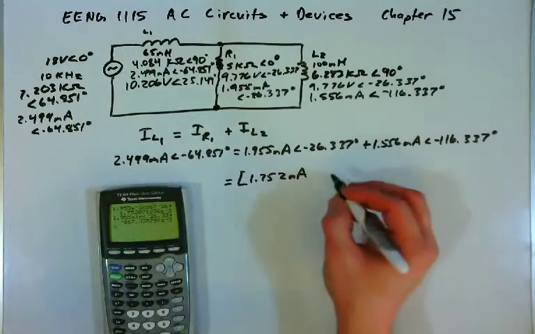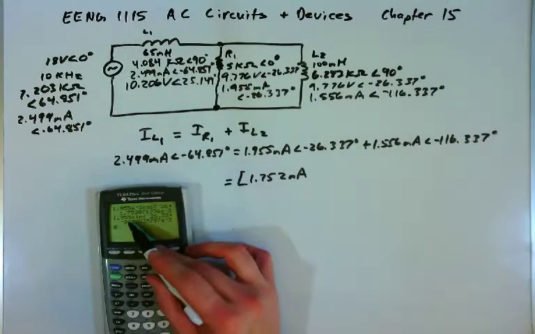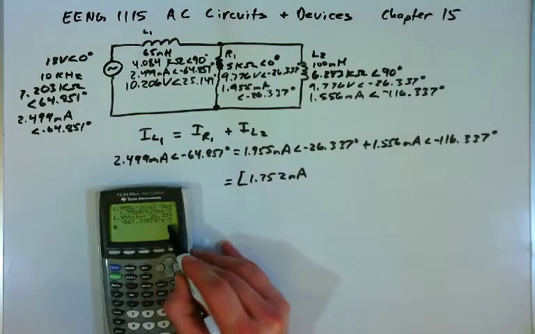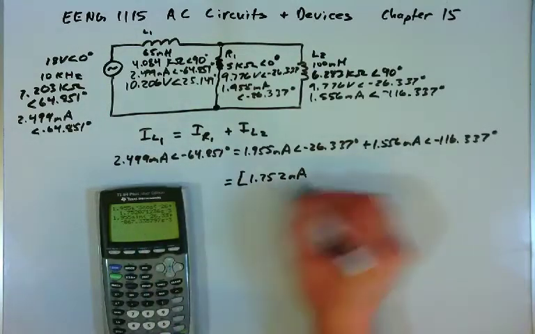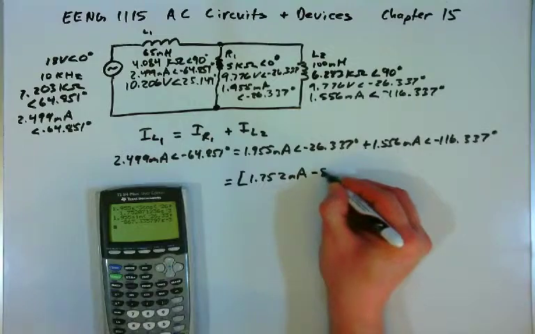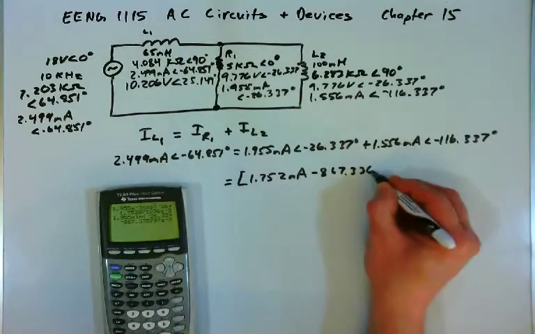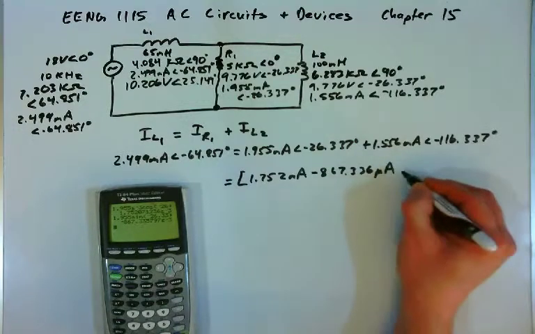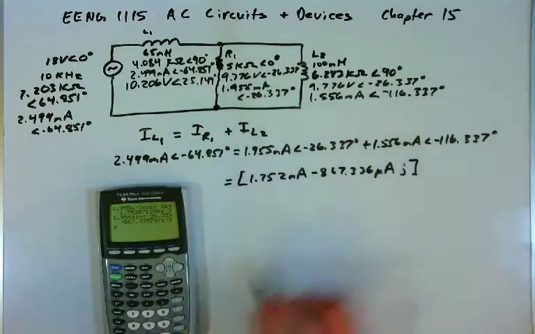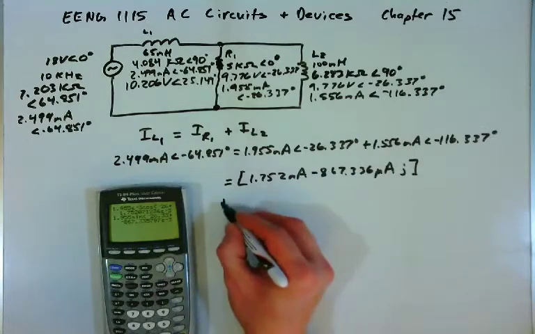And we get a negative... I forgot to put my milli in there. This answer is actually supposed to be micro. So the y coordinate will be negative 867.336 microamps. And that is a J component. And then we'll be adding to this.